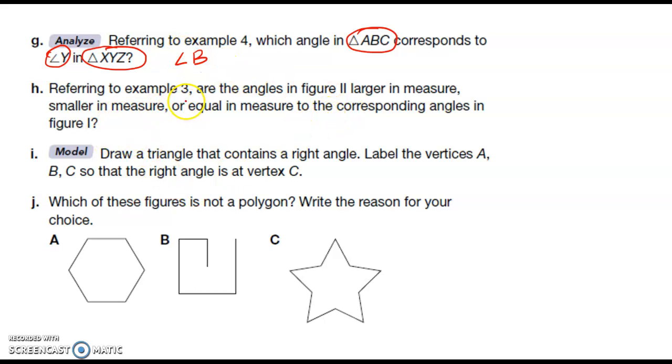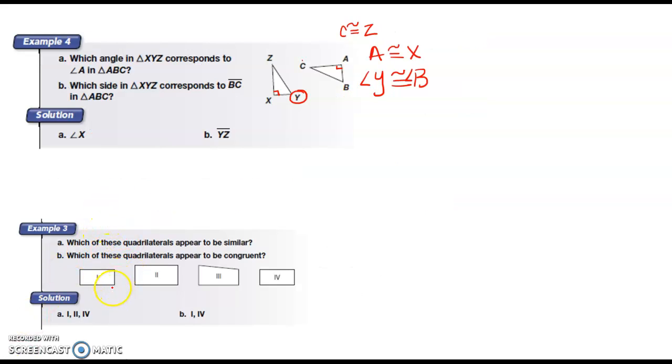Referring to example 3, are all angles in figure 2 larger in measure, smaller in measure, or equal in measure to the corresponding angles in figure 1? So basically, are the angles in figure 2 bigger, smaller, or equal to figure 1? Let's go check it out. Here's figure 1, and here's figure 2.